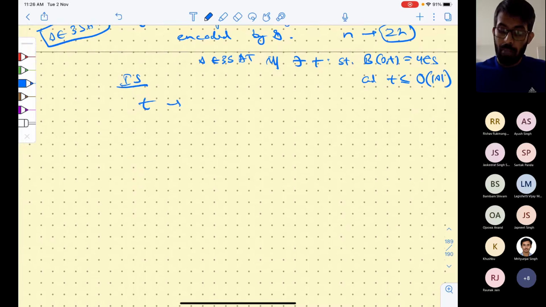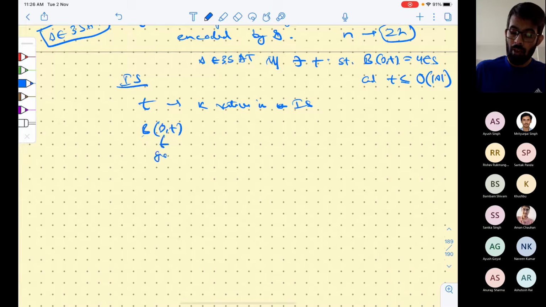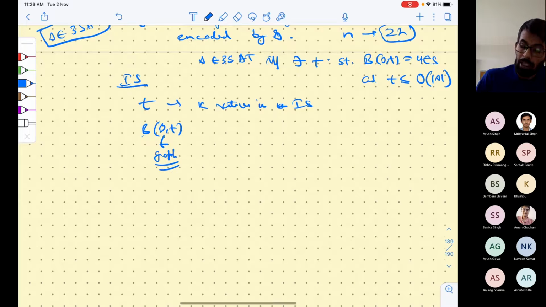So similarly for independent set, what can be T? The string of the k vertices in the independent set. And B will just take S and T. S is basically a graph, comma k. S encodes a graph at least.